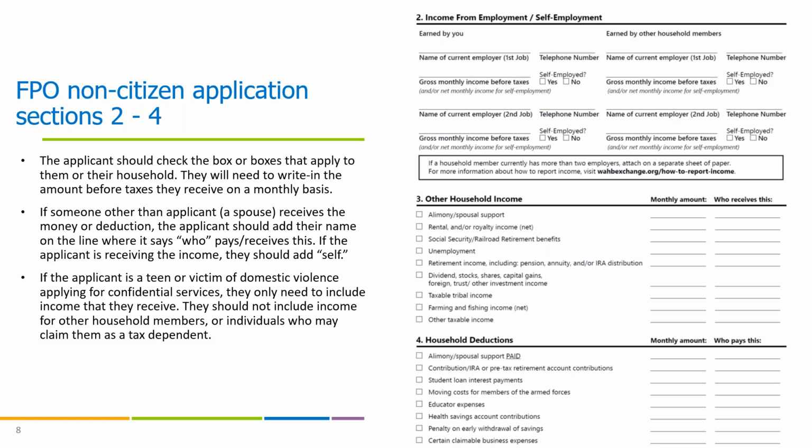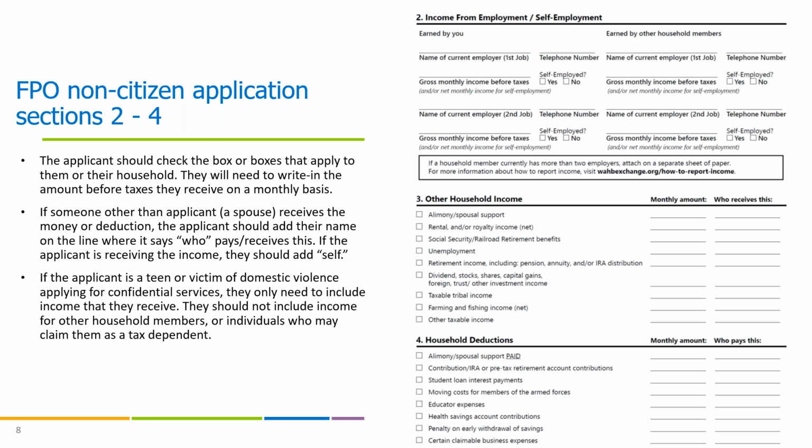If someone other than the applicant, for example, a spouse, is receiving the money or deduction, then all we need to do is write their name on the line where it says who receives this. And if the person that's applying for this coverage is the one earning this income or has these deductions, all they need to do is write self.